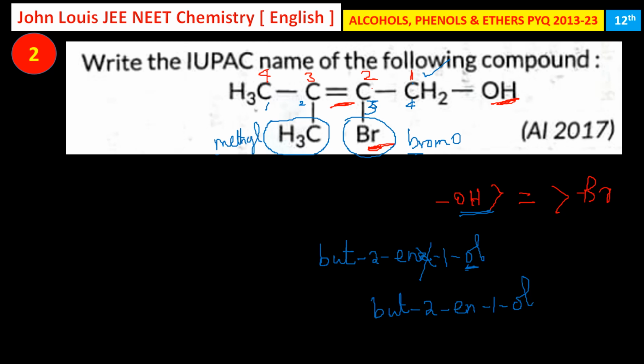Therefore, the name should be 2-bromo-3-methylbut-2-en-1-ol, with no gap after methyl. So this is the IUPAC name of this particular compound.